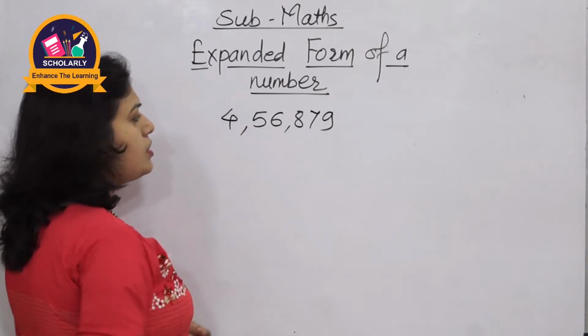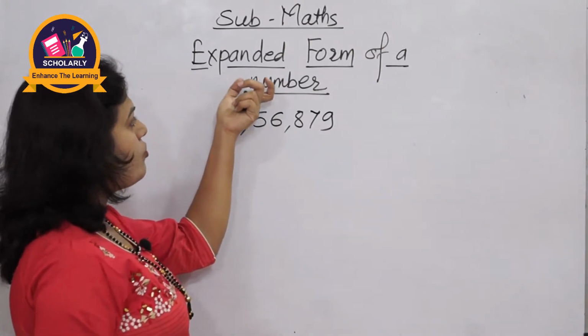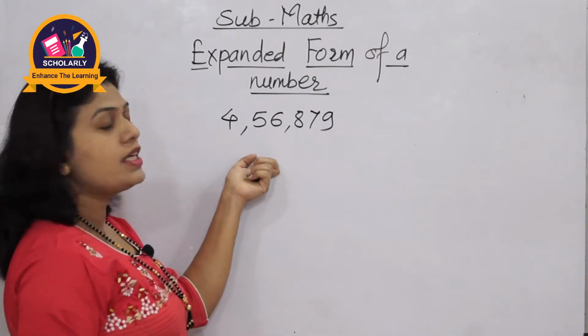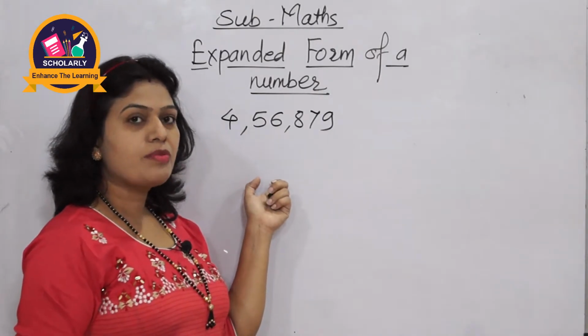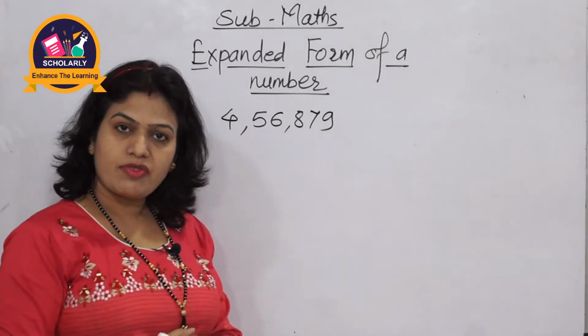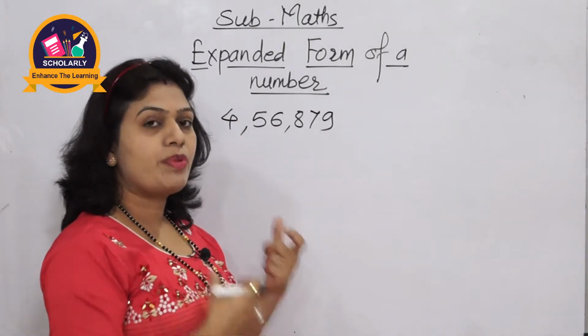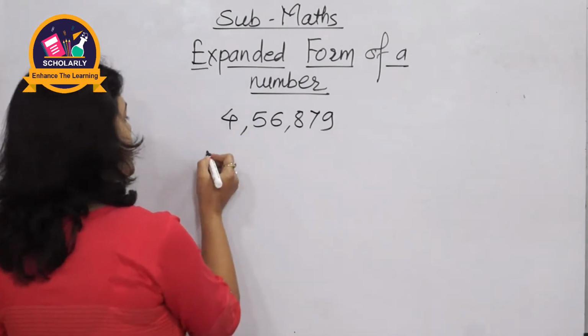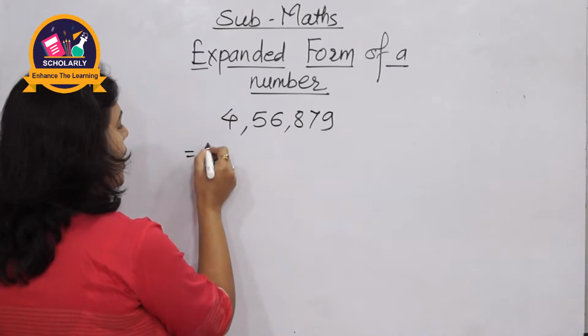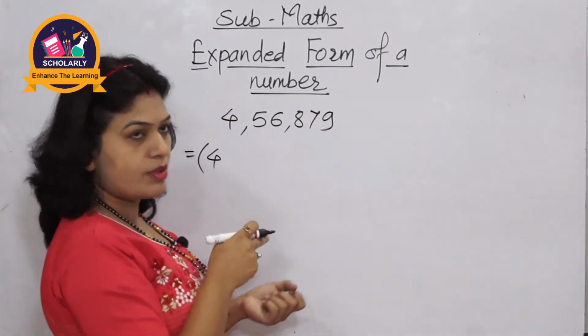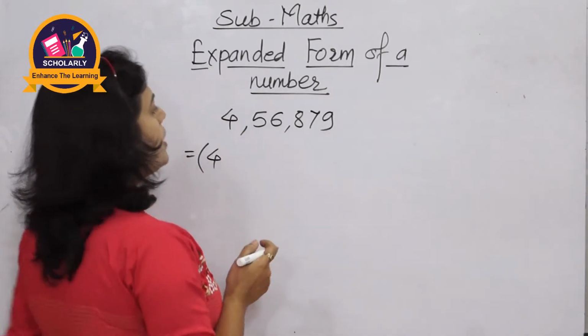There are 6 digits. When we have to find the expanded form, let's write the place value of each digit in this number. So finding the place value, we have to write the places. Let's write like this. The first number is 4, and according to the order of the places, 4 comes at the lakhs place.